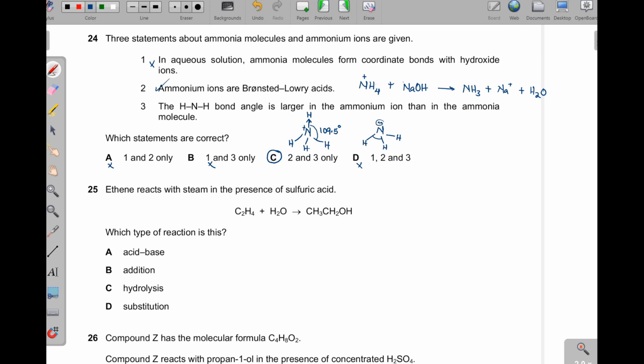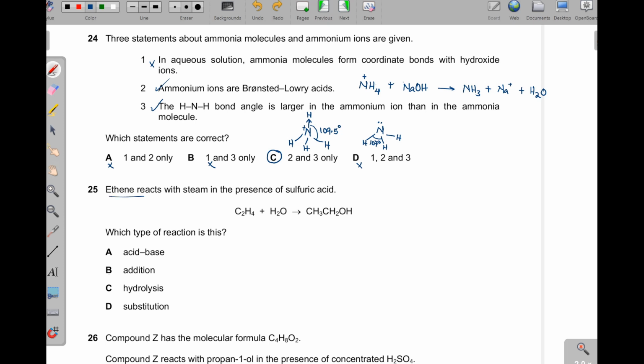The lone pair, bond pair repulsion is stronger than bond pair, bond pair. So in that sense, this angle here is going to reduce, and it becomes something like 107. So this angle here is bigger than this one. So this is true. That is why the answer is C, which is 2 and 3.